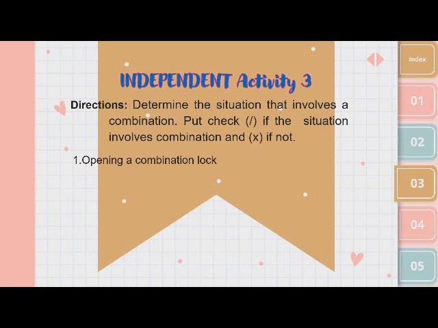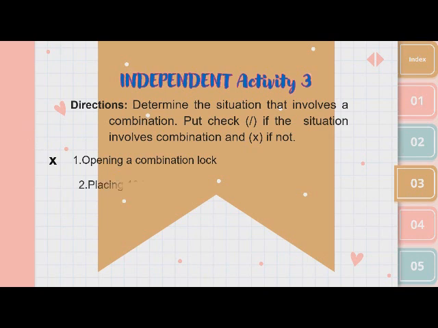So that means order is important. And if order is important, you are referring to permutation, and this cannot be called a combination. So your answer for number 1 is X. I hope you got problem number 1.